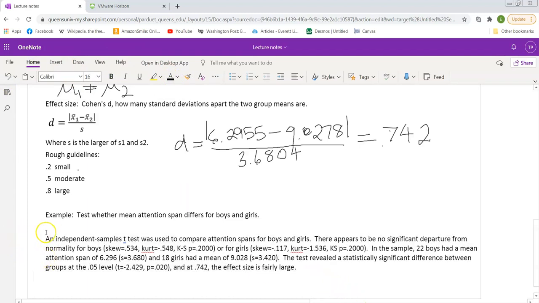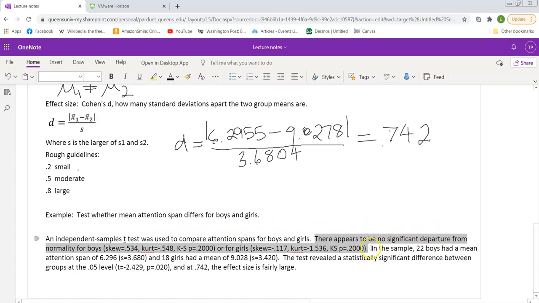All right, so we start with a statement of what we're doing. So we say an independent samples t-test was used to compare attention spans for boys and girls. And then we do our assumptions. And so we look at our assumption of normality, which looks like there was no significant departure from normality.